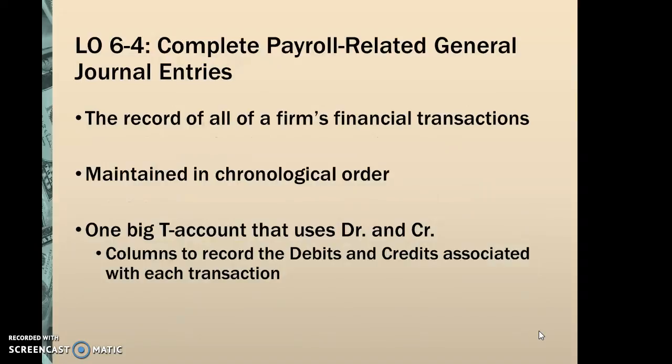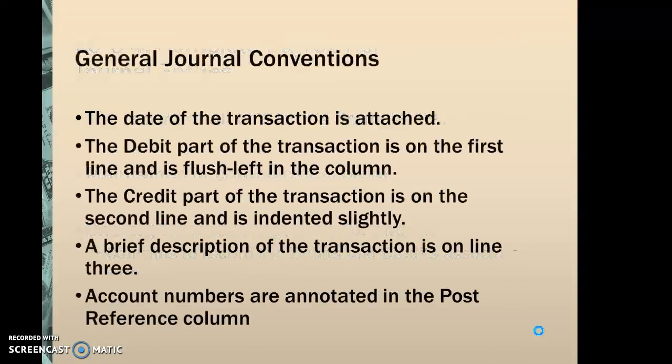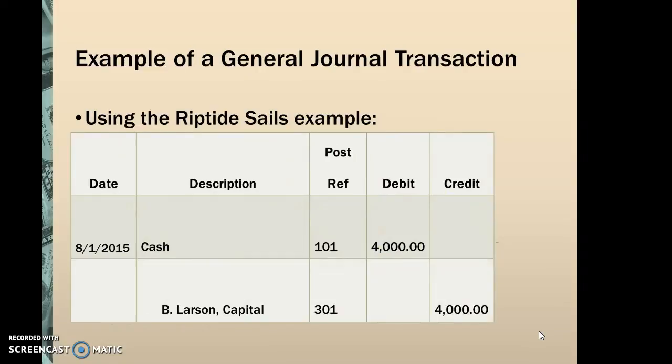Now, learning objective number 4, which is on page 211, is completing the financial transactions and putting them into a general ledger. Okay, so when an accountant puts it into a general ledger, the first thing they want to do is put down the date.